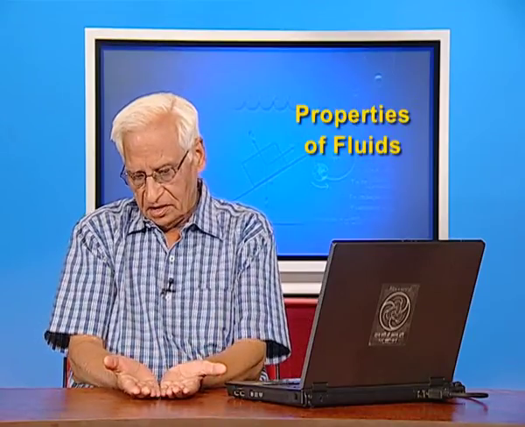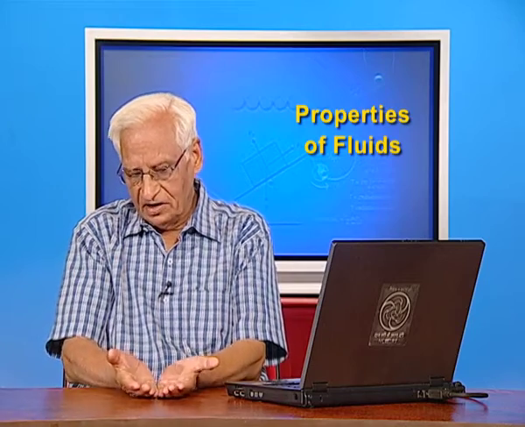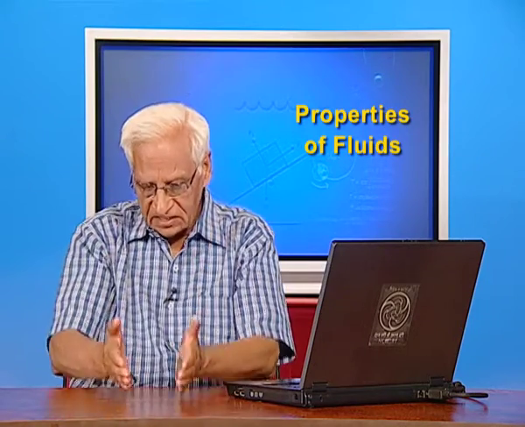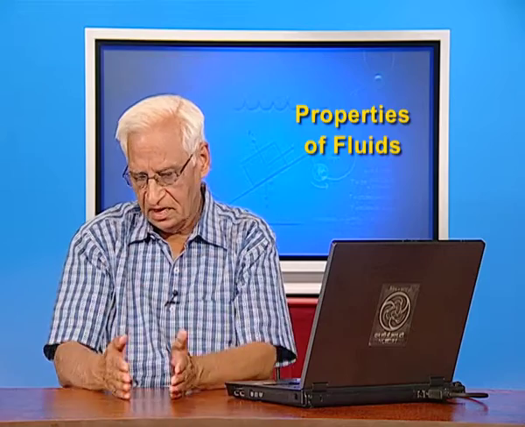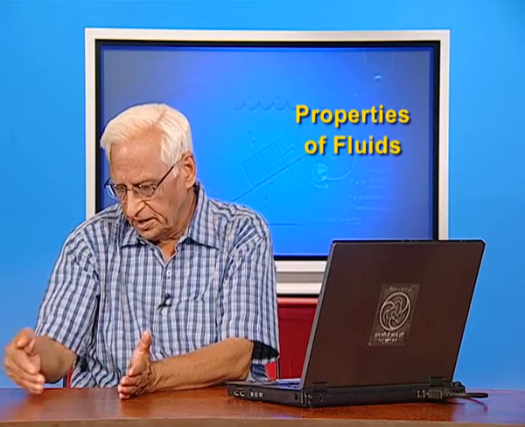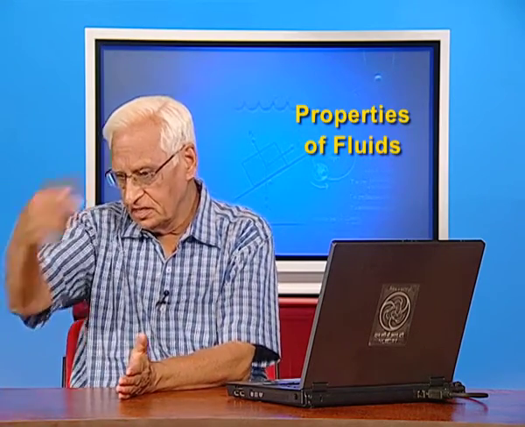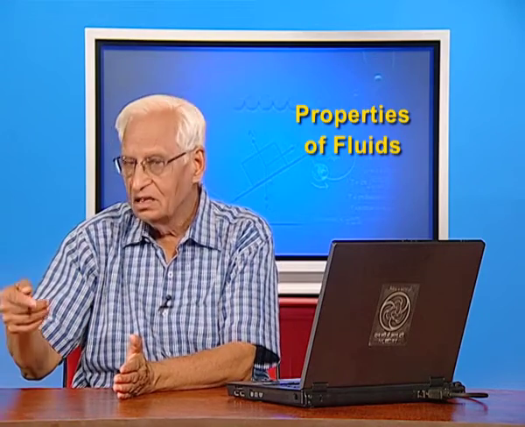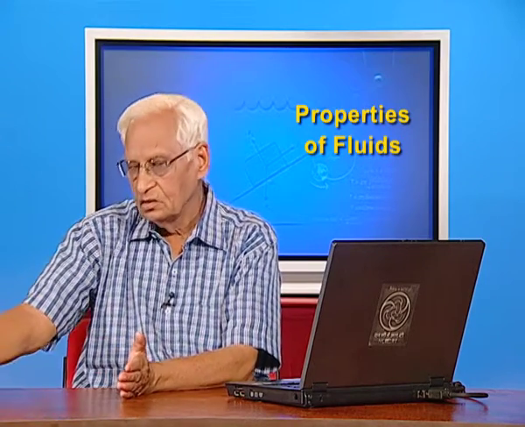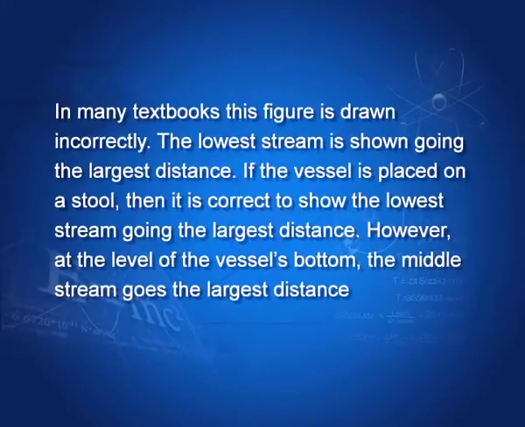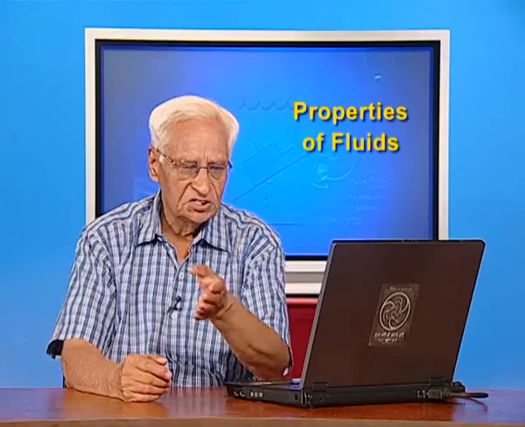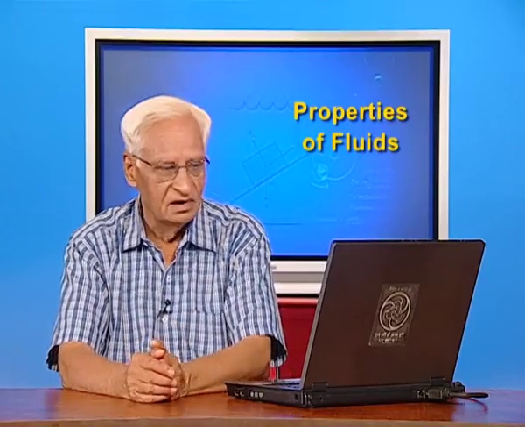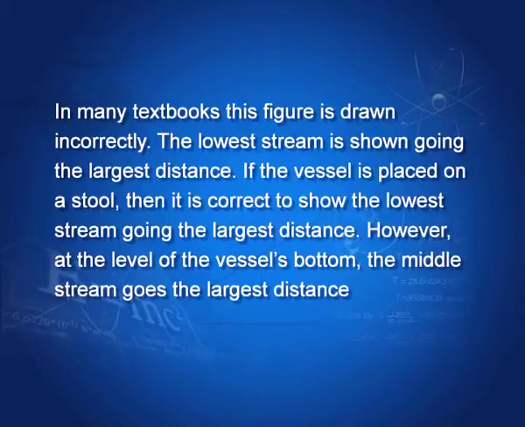If you are talking of the level at which the vessel is placed, say the vessel is placed on this tabletop, and you are considering where the streams strike, then the second one goes the highest distance. You would have realized that the situation is similar to that of a projectile, which has maximum range when it is projected at an angle of 45 degrees.